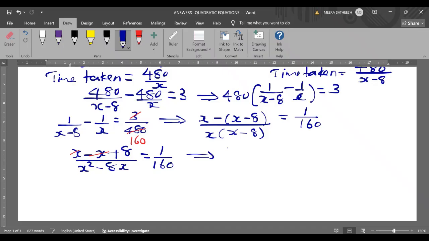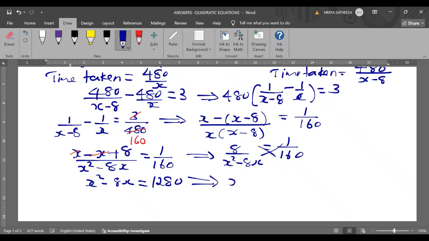So 8 by x square minus 8x is equal to 1 by 160. Cross multiply. So x square minus 8x is equal to 160 into 8. What is the product of 160 and 8? 1280. Now bring this side. So this will become x square minus 8x minus 1280 is equal to 0.